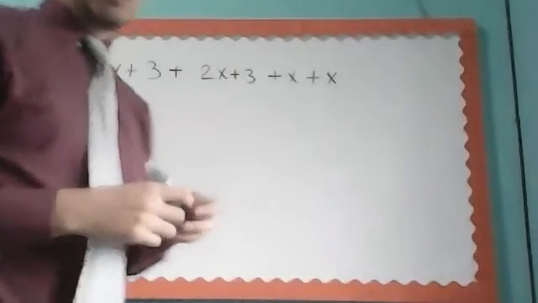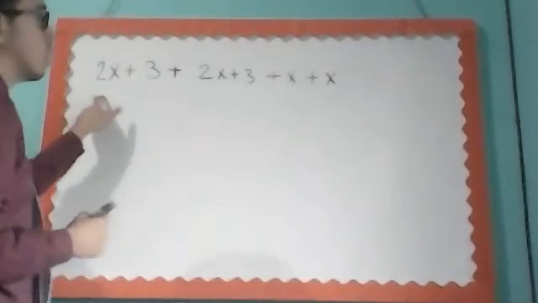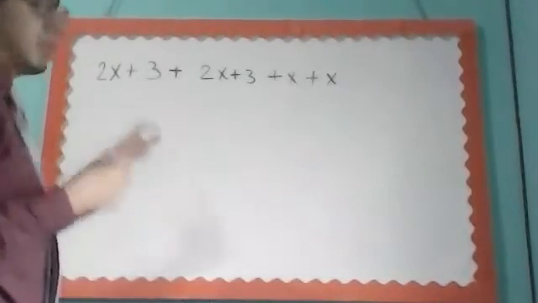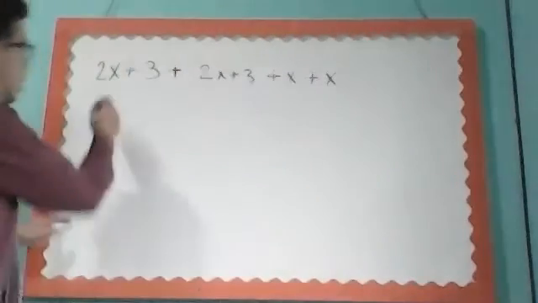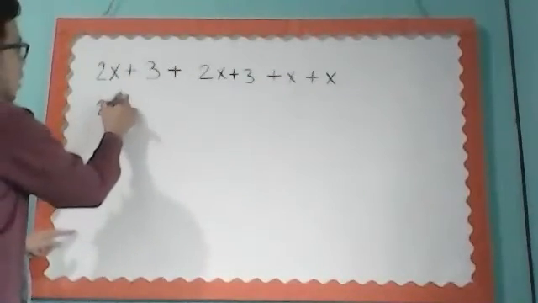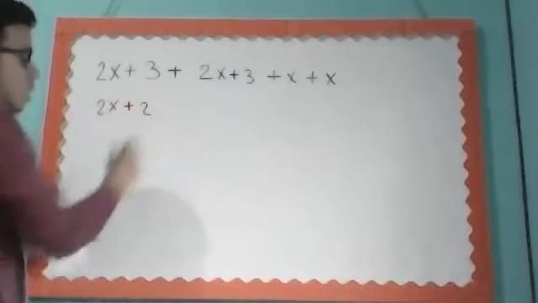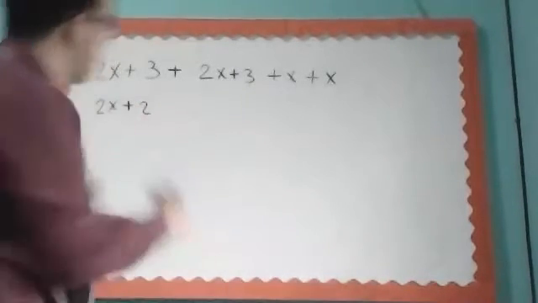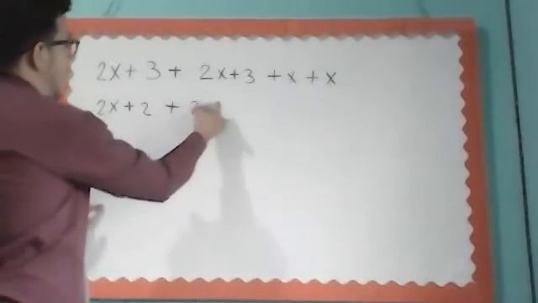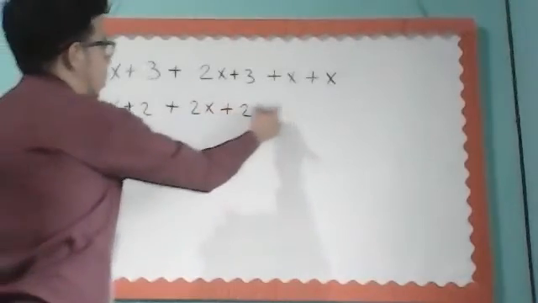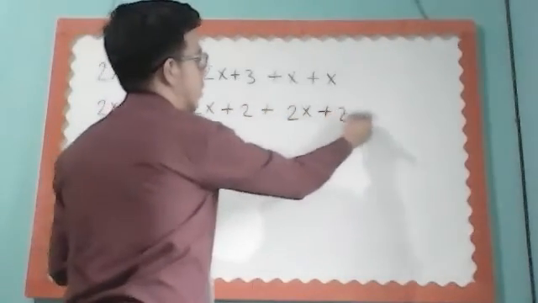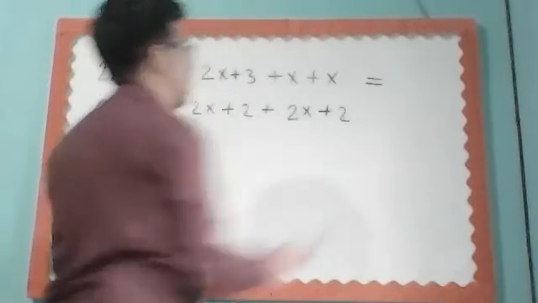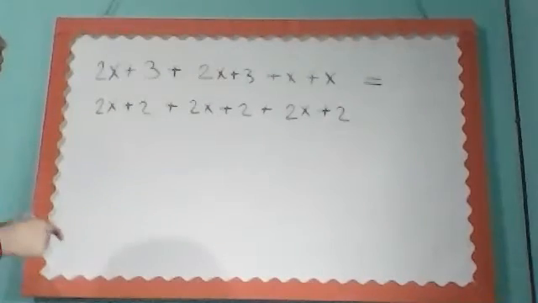Now for the triangle, I'm going to copy down here on the triangle because I don't have much space. 2x plus 2 plus 2x plus 2 plus 2x plus 2. This has to be equal to this other part.